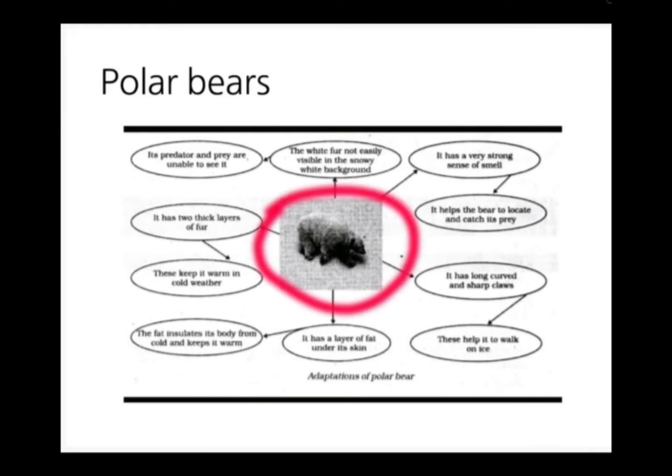While swimming underwater, it can close its nostrils and can remain underwater for a long duration. And it has a strong sense of smell, so it catches its prey for food.